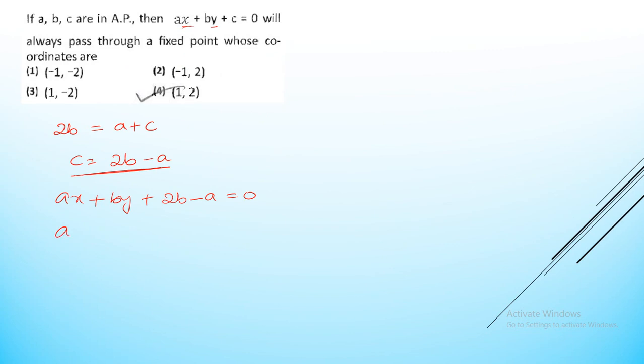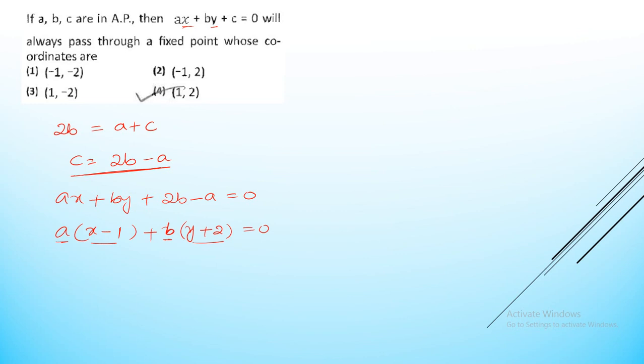So here if I take A as common, x minus 1, and here if I take B as common, then y plus 2 is equal to 0. So if you observe this, this is nothing but A times of x minus 1 plus B times of y plus 2 is equal to 0.